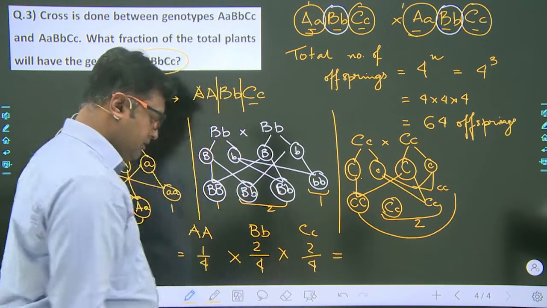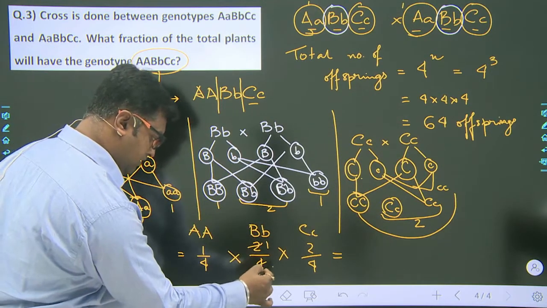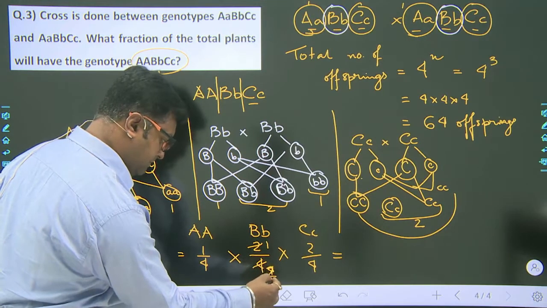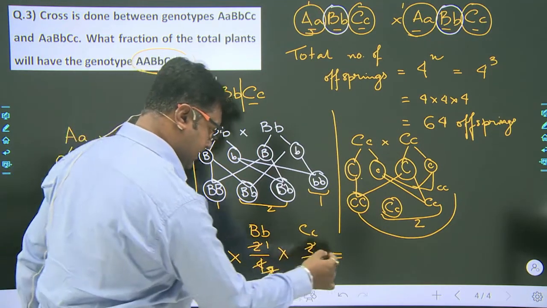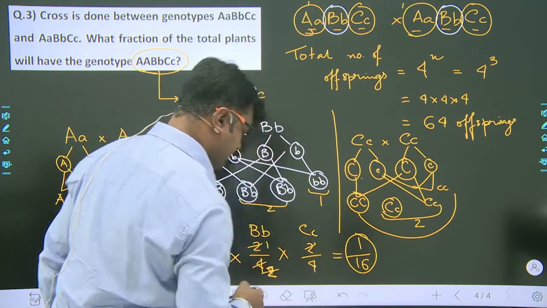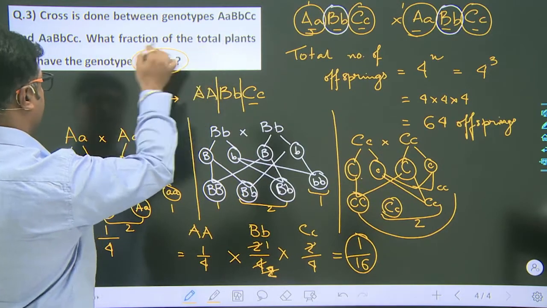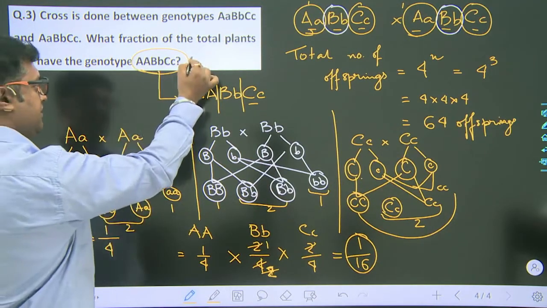By multiplying this entire thing, we will easily get 1 upon 2. 2 gets cut, and so the total will be 1 upon 16. So, what will be the ratio, the fraction? What fraction of the total plants will have this genotype?